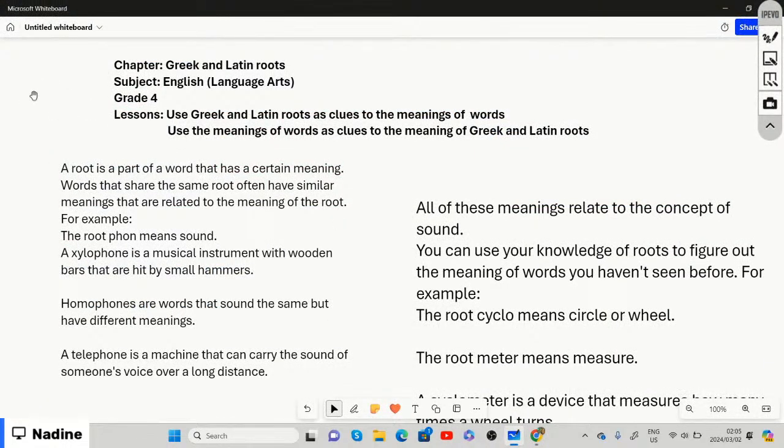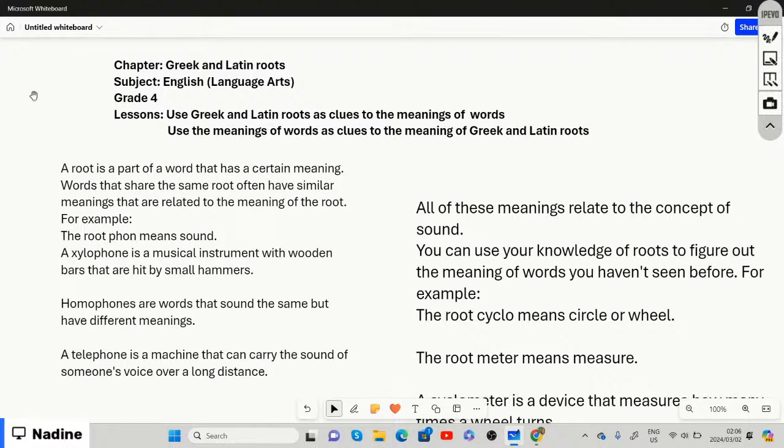So our chapter is Greek and Latin roots. Our subject is English language arts, grade 4. And our lessons are to use Greek and Latin roots as clues to the meanings of words, and also to use the meanings of words as clues to the meaning of Greek and Latin roots.